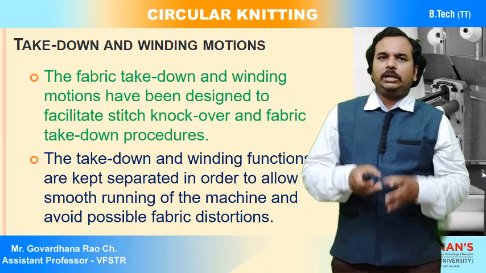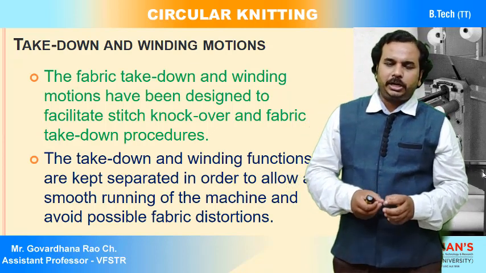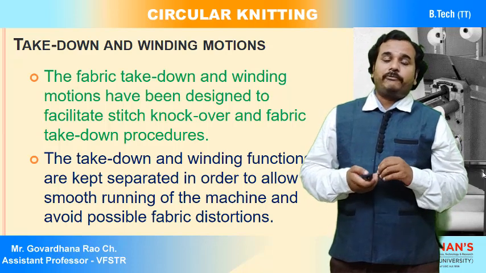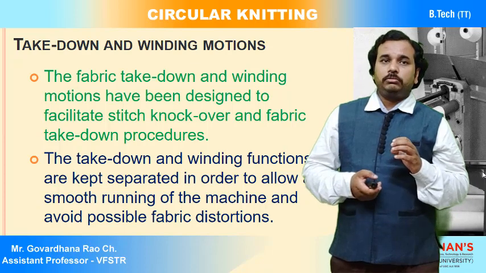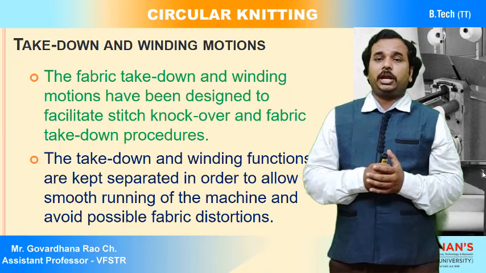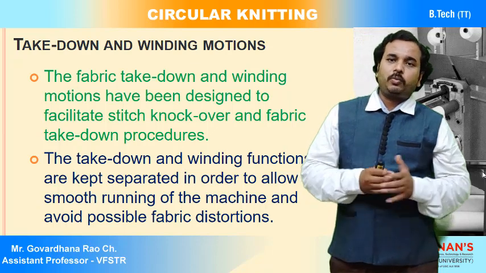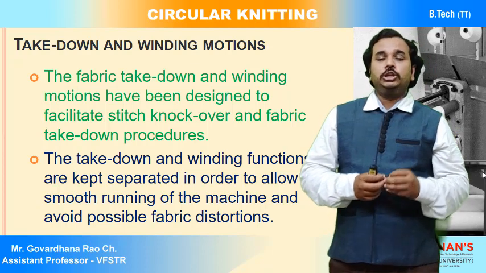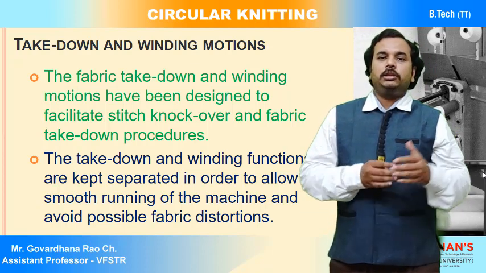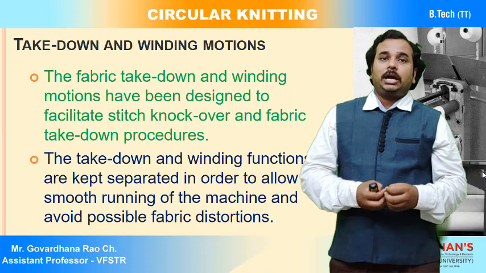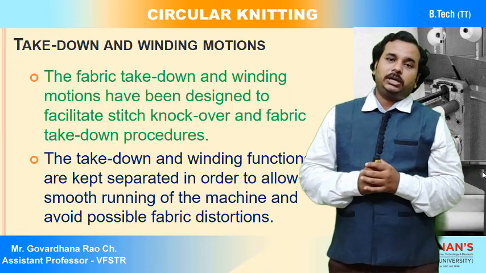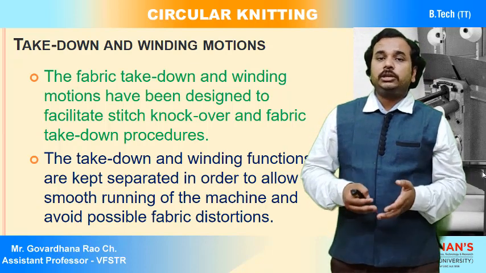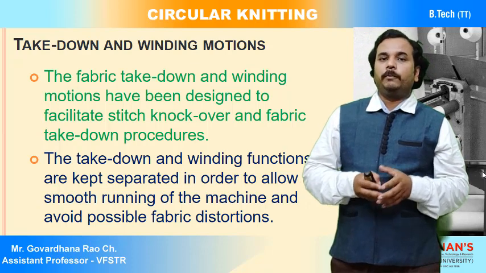The takedown and winding functions are kept separated in order to allow smooth running of the machine and avoid possible fabric distortions. We use these takedown and winding motions to take the fabric down smoothly while running the machine, and to avoid distortions, crease formations or uneven tension formations in the winding zone.